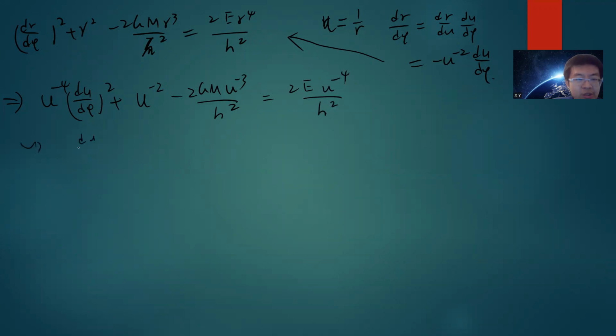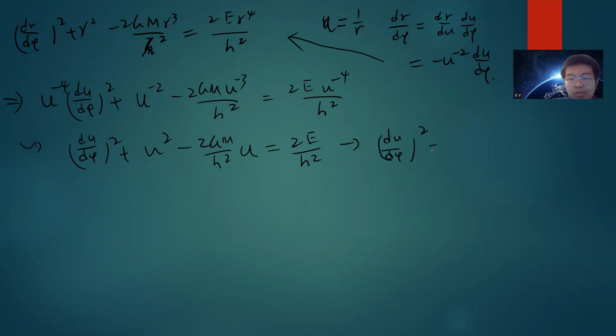Okay, so what you can get is (du/dphi) squared plus u squared plus 2GM over h squared u plus 2E over h squared. Okay, so let's write it as (du/dphi) squared equals negative u squared minus 2GM over h squared u minus 2E over h squared. So this is some quadratic function in u.